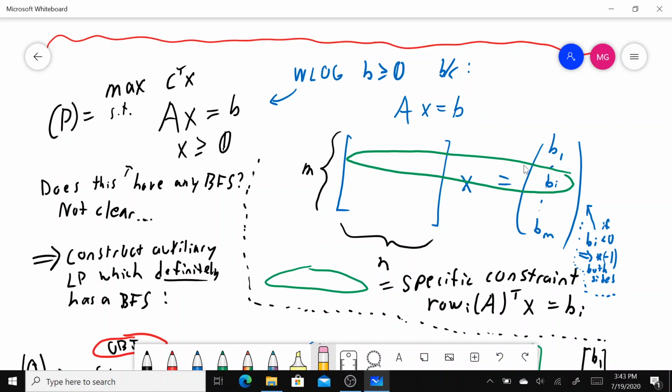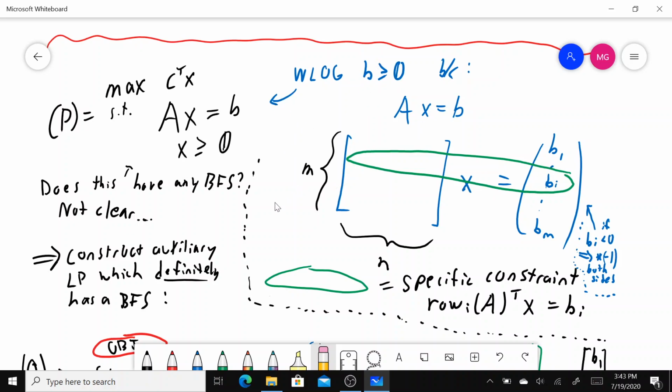For that one particular constraint, just multiply both sides by -1. That'll flip b_i to be positive, and it'll negate all the coefficients of this row of the matrix A. But you're not changing any of the solutions. It's the same equation, right? You just multiply by -1. The x's that satisfied before still satisfy, and everything's fine. So that means you can assume that b is non-negative.